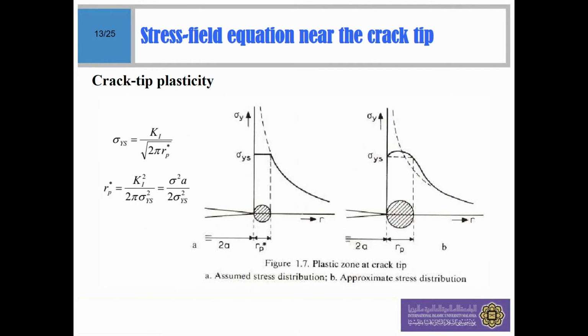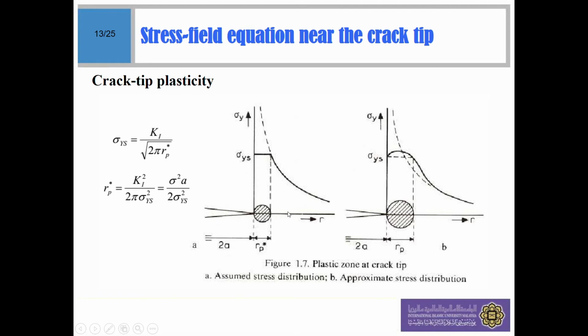Okay, we understand that the vicinity of the crack tip will be a plastic region. In this case, you can visualize it by this figure. Near the crack tip, surrounding the crack tip, there is rp, the plastic region of the crack, the length of r.